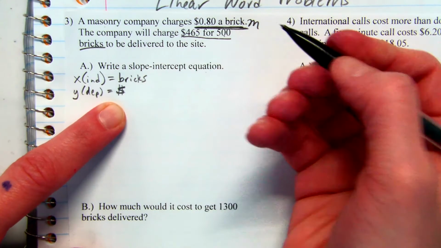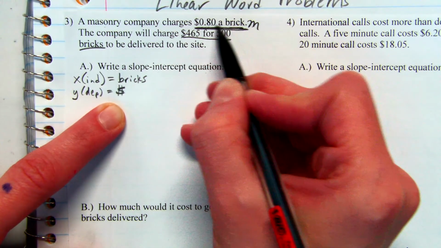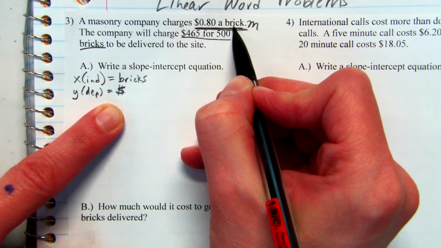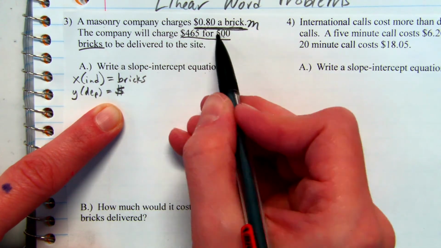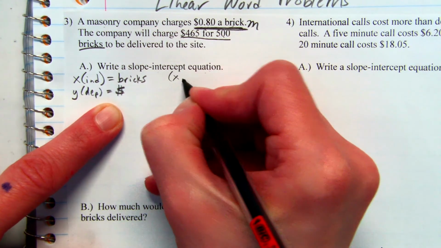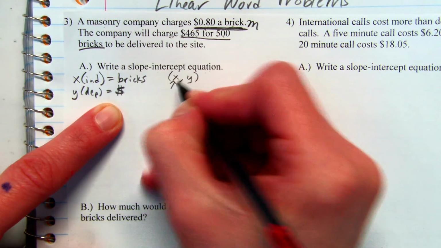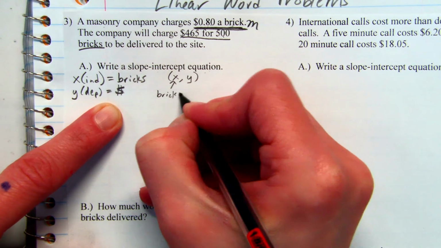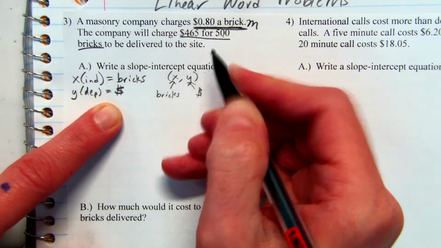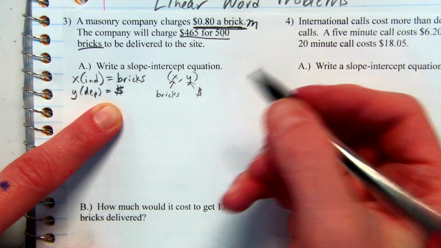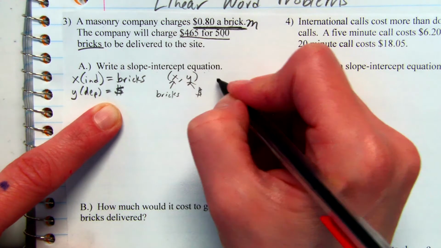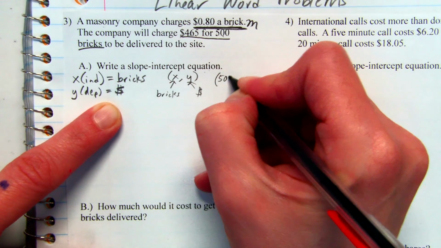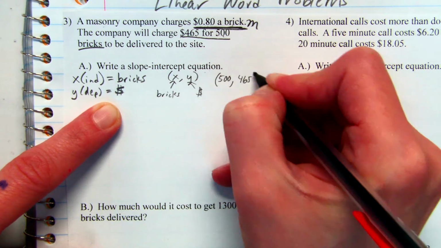We know the slope was 80 cents a brick, so we don't have to calculate that. We can change this into a point. My x, y is going to be bricks, dollars. So with the information they've given us, I can make the point (500, 465).